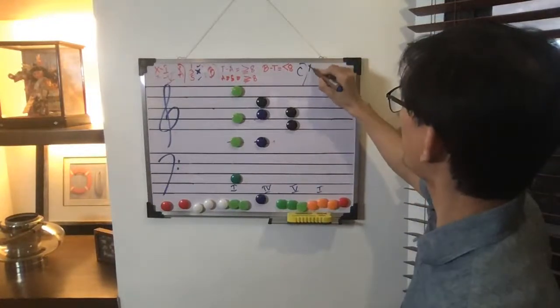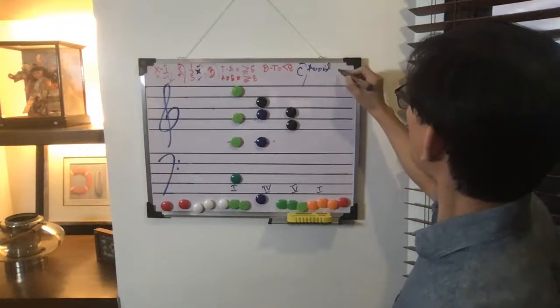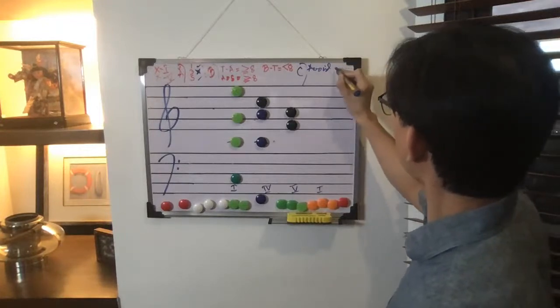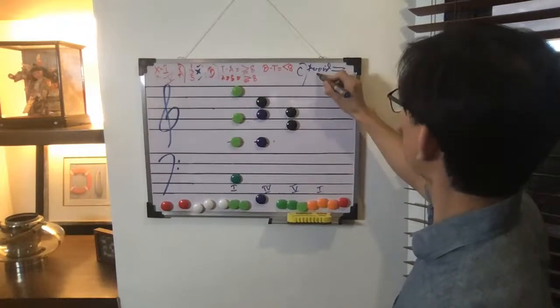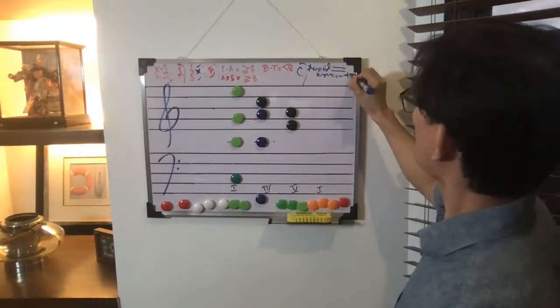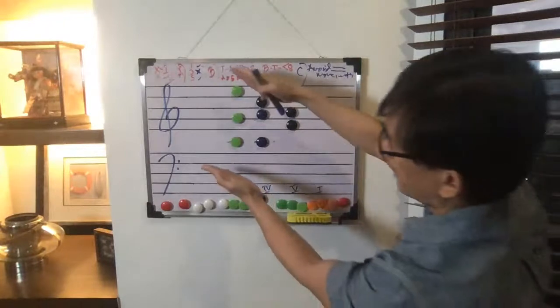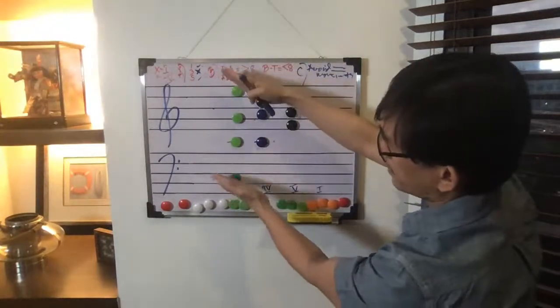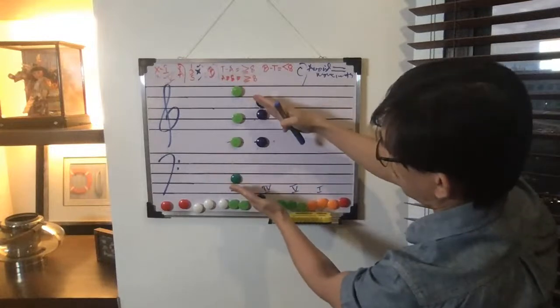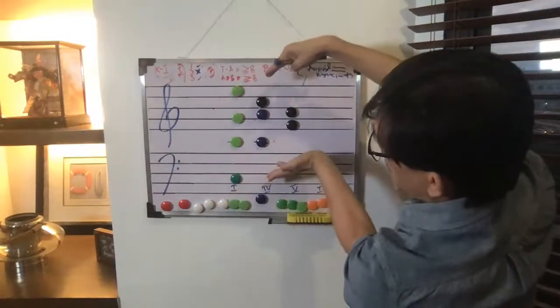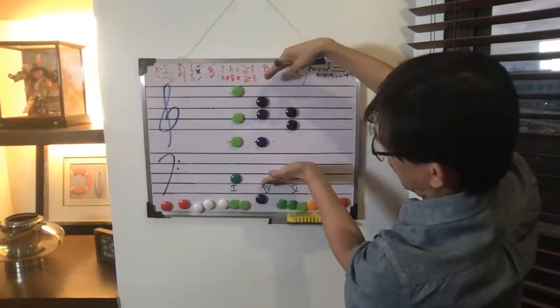So avoid parallel movements. Meaning the outer voices cannot go down in the same direction, or go up in the same direction.